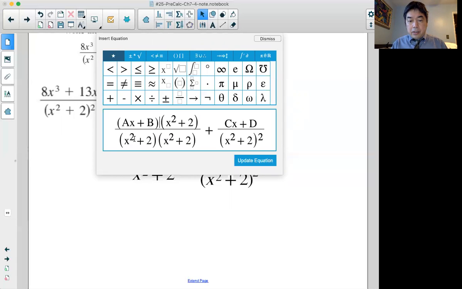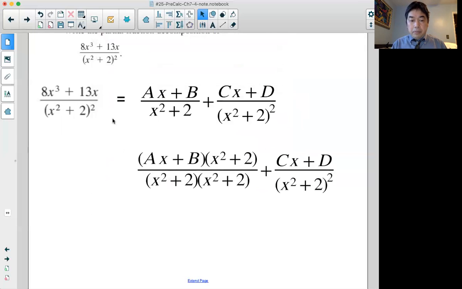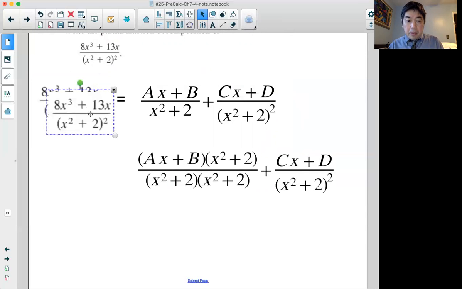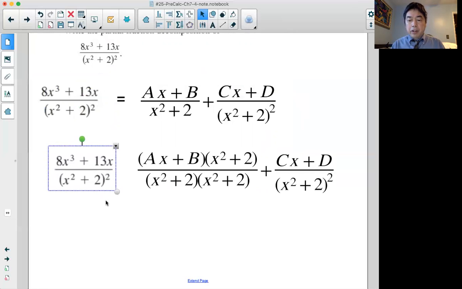Is x squared plus 2 times x squared plus 2 the same expression as this? Yes. So you just leave this one as it is, and solve for this one. If you see, it has become a common denominator, so we can have an equation on the upper part, which is here. Let me copy and paste the upper part.